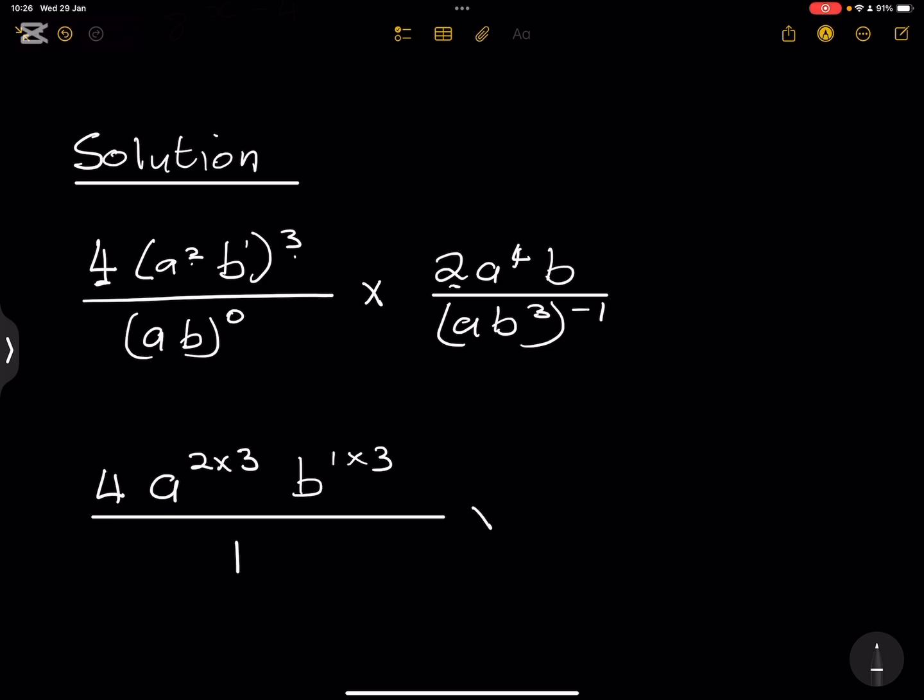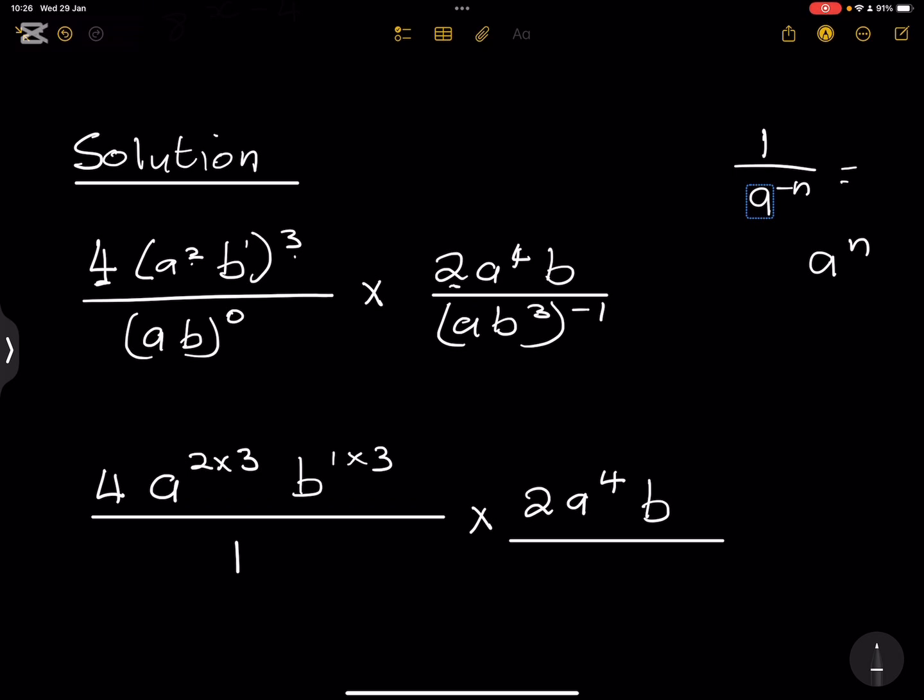Okay. So this is going to be multiplied by a to the power 4 times b divided by, now please note, we are raising this by -1. You remember what we said by having something to the -1? That if you've got 1 over a to the minus n, that can simply become a to the positive n.